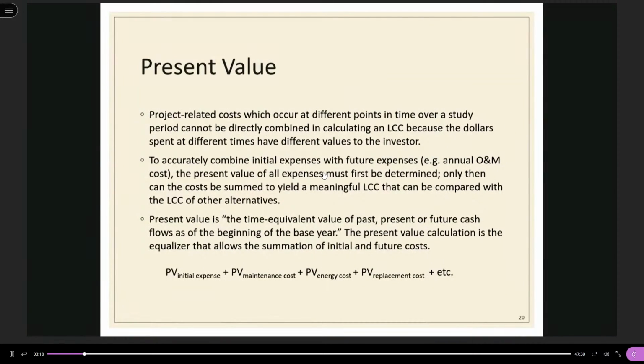So like here, the initial expense, the maintenance costs, the energy costs, the replacement costs, and other types of costs, we convert them all into present value. These are all present value and we can add them up to find the total cost so that we can make a comparison.